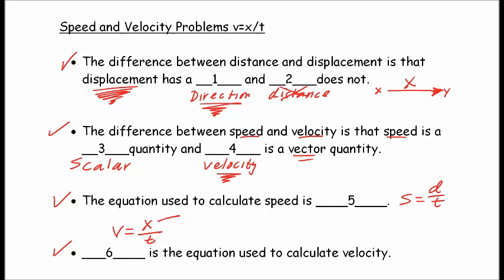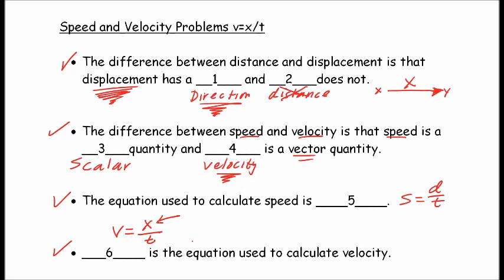And that idea of being calculated using displacement means that velocity itself has a direction, and therefore it's a vector quantity. And this equation is then velocity equals displacement divided by time.